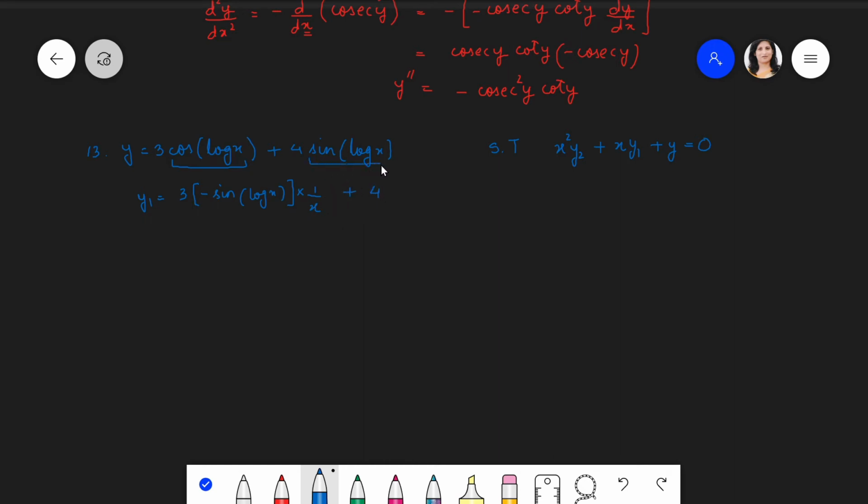Here again we have a composite function, so differentiating the sine function we get cos log x, and differentiating the log function we get this. So you notice here that there is this x in the denominator. So we are shifting this x to the left hand side, x y1, which is equal to minus 3 sine log x plus 4 cos log x.